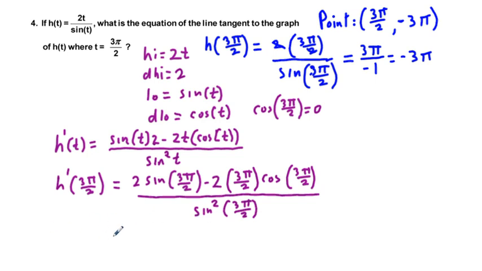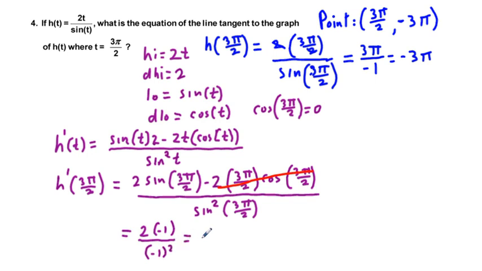So what that's going to simplify to is, since cosine 3 pi over 2 is 0, we can just cross out in red all this that is 0. And we have 2 sine 3 pi over 2, and it's going to be 2 times negative 1. And then we've already zeroed out this one here with the red. And then we're going to have negative 1 squared.